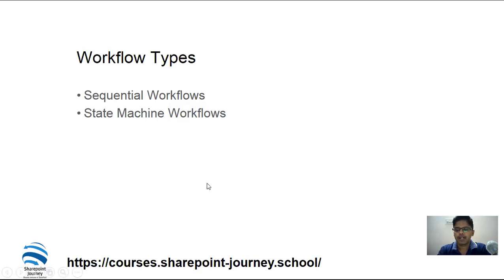I have a question that was submitted before this webinar: how can I go to the previous stage with the help of designer workflows? If you want to use a state machine, you can use something called the stages concept, where you can move from one state to the other state.